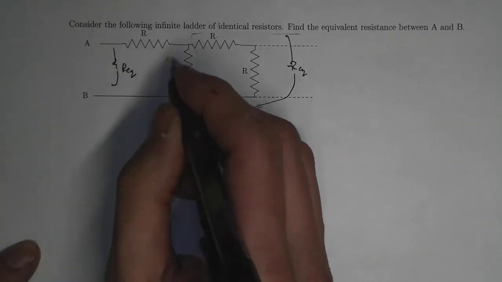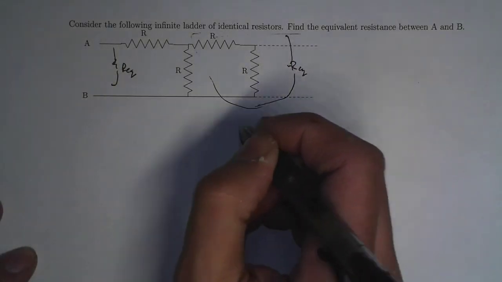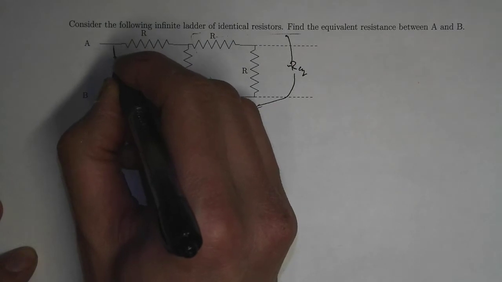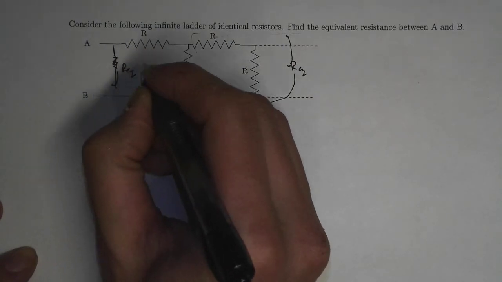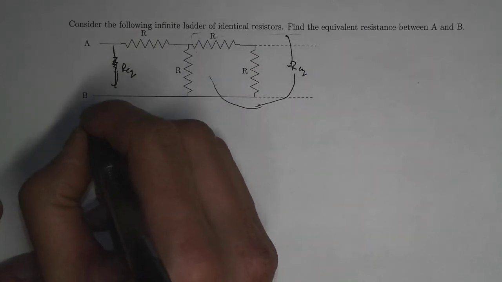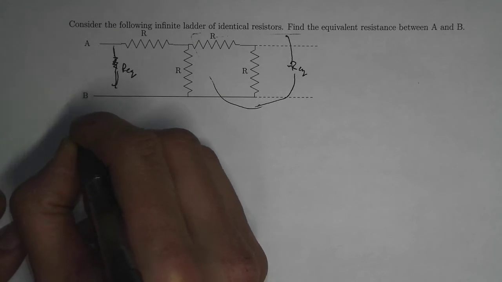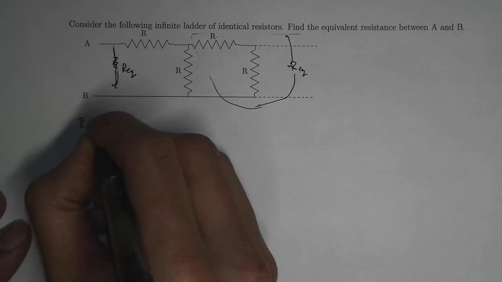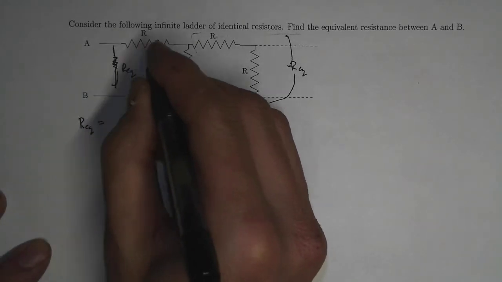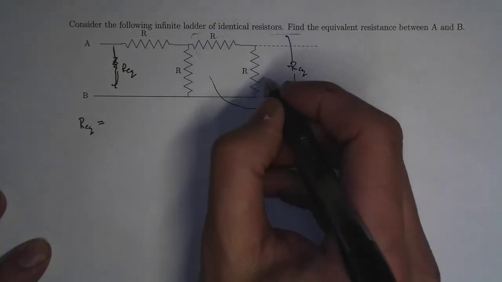All right, and what is REQ? Well, REQ is basically the sum of these things on itself. We're going to imagine this is one equivalent resistance, and then build up on that. So REQ is equal to what? This is connected in series, and then this part right here is also REQ again.